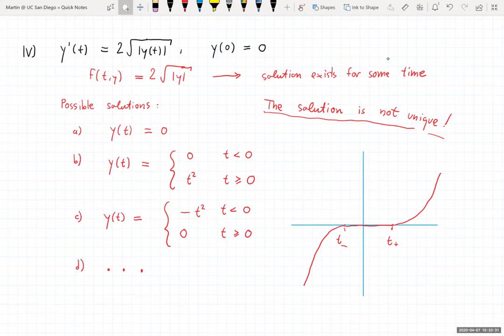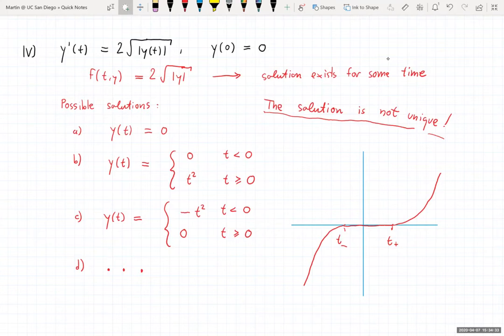In fact, our solutions have a structure that is outlined in the graph here in the bottom right corner of the screen. At the beginning, the function looks like a negative quadratic function, like minus t squared or a shifted version of minus t squared, until it reaches 0 at some time t minus.